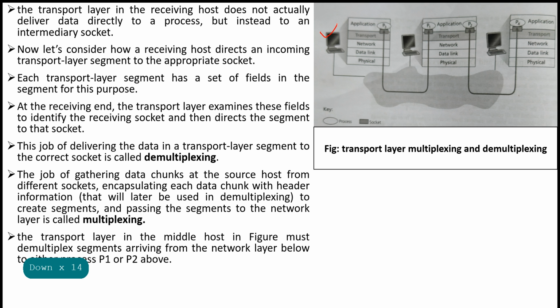The transport layer in the middle host in the figure must demultiplex segments arriving from the network layer below to either process P1 or P2 above.